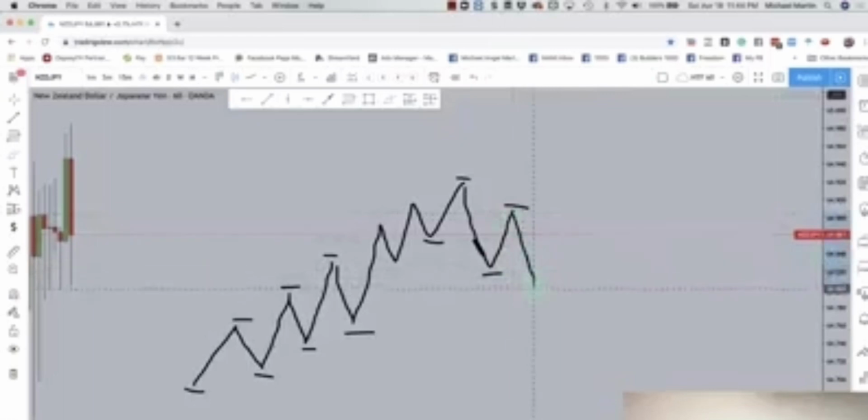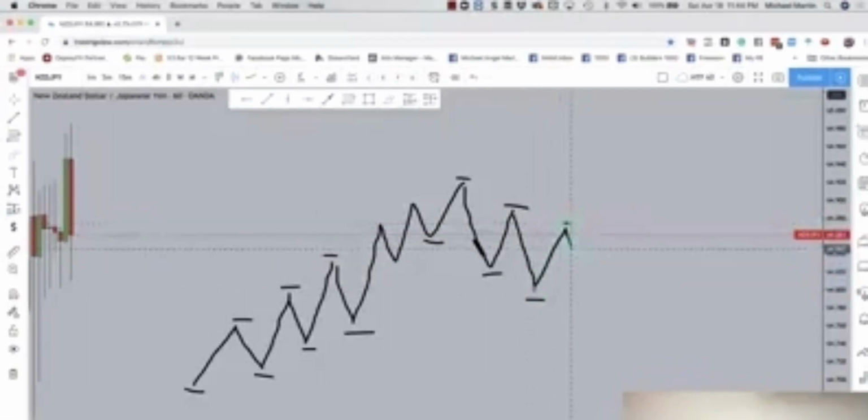Now, if a pair is going to reverse and start going in the other direction, so here's the last low. It's going to disrespect that low. It's going to break it and then create what's called, so this is a high, a lower high, a lower low, come down, and disrespect the low, create another lower low, right?